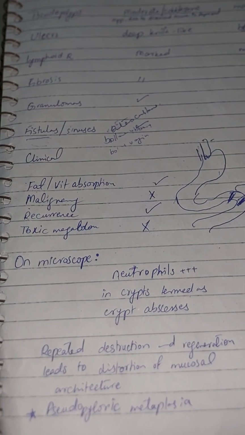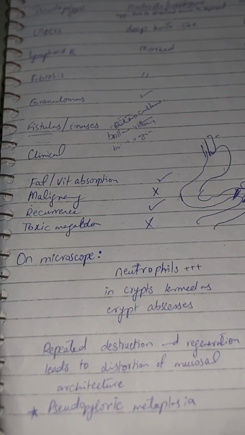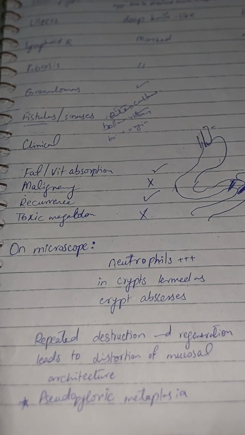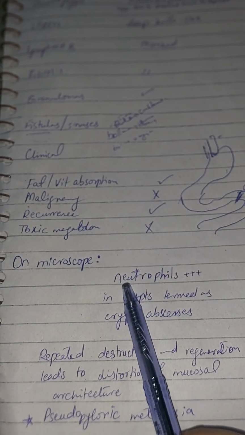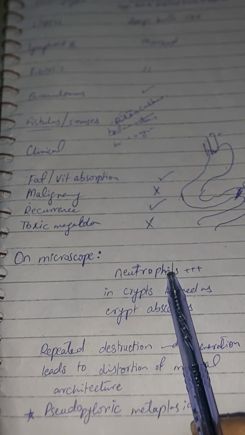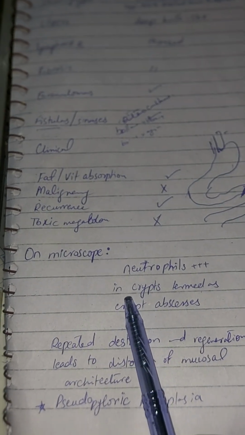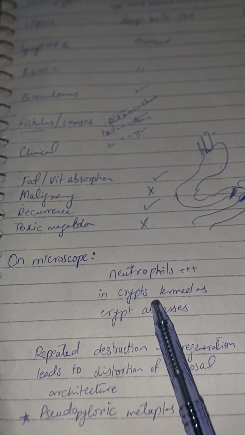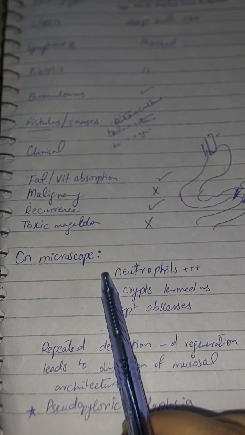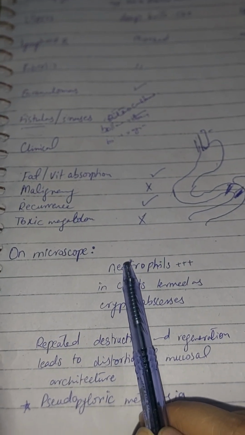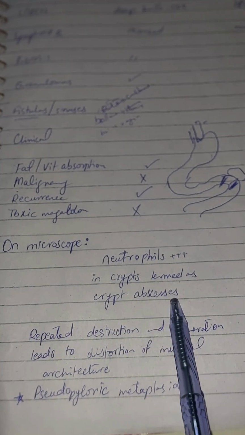What we see on microscope, if we take a biopsy of a patient of Crohn's disease, is neutrophil enrichment in the crypts of Lieberkühn. We all know that there are crypts of Lieberkühn in the small intestine. There is neutrophilic infiltration, which is termed crypt abscesses.